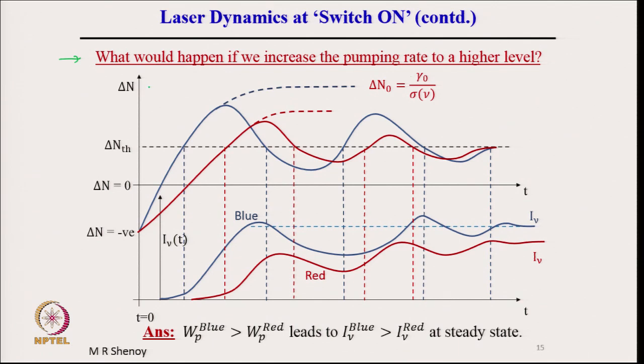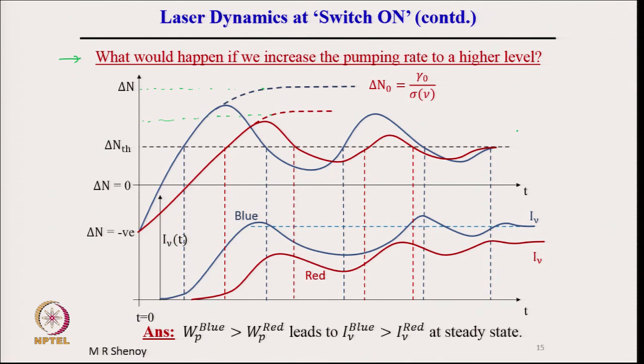Now, the steady state level would be higher if the pumping rate is higher. See this? This is the steady state, that is without the resonator. In the medium, delta n0 would have come to a higher level. But in the presence of the resonator, the same dynamics is explained here. See the difference.